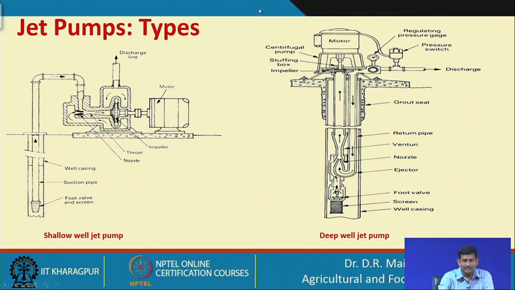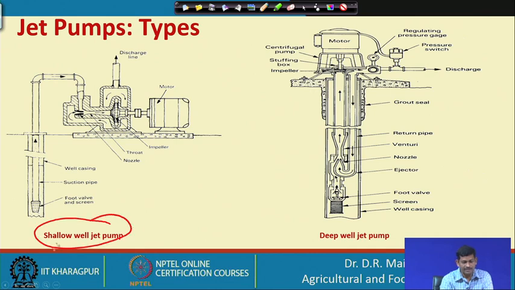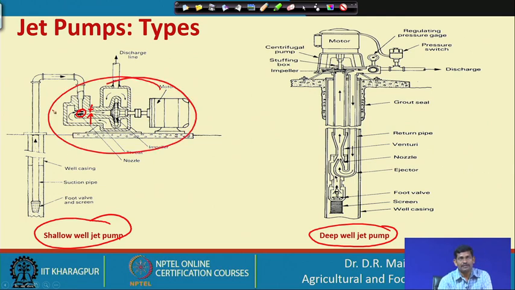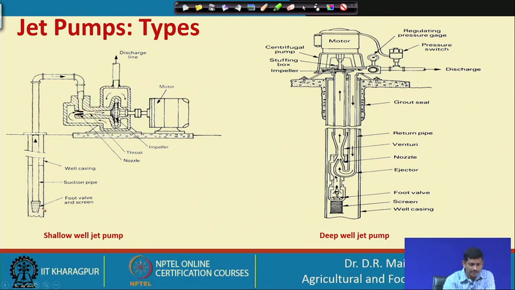Here, same jet pump, as I said, two types: the shallow well jet pump and the deep well jet pump. In the shallow well, the jet assembly, if you see, this one is a throttle and this is a jet. This is inside the pump, okay. So, this is the suction line of a regular centrifugal pump, and then this is the impeller and the discharge.